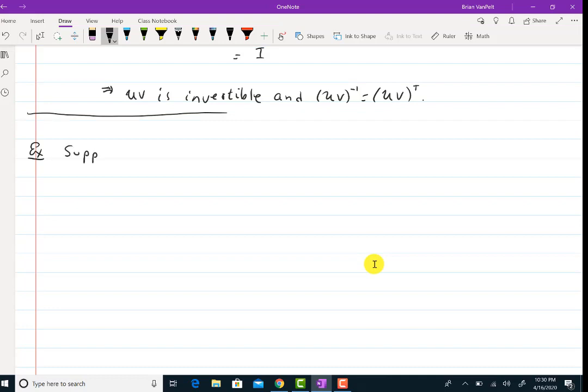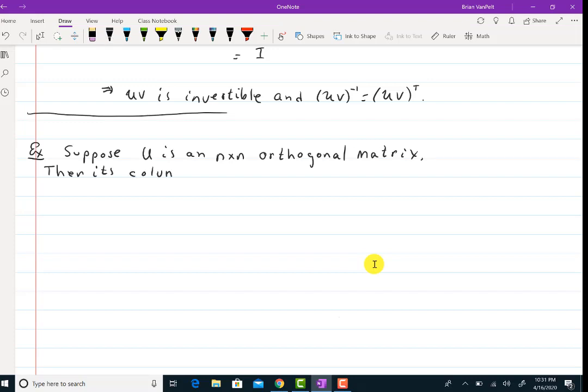Suppose U is an n by n orthogonal matrix. Then its columns form an orthonormal basis for Rn.